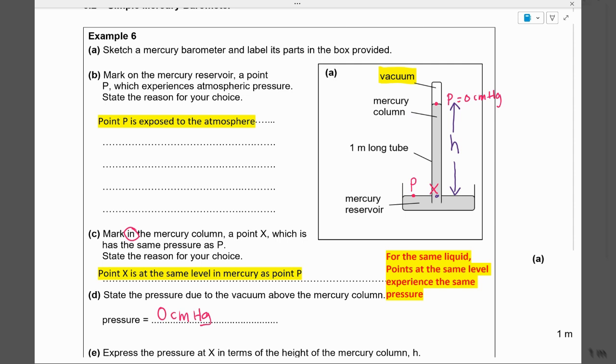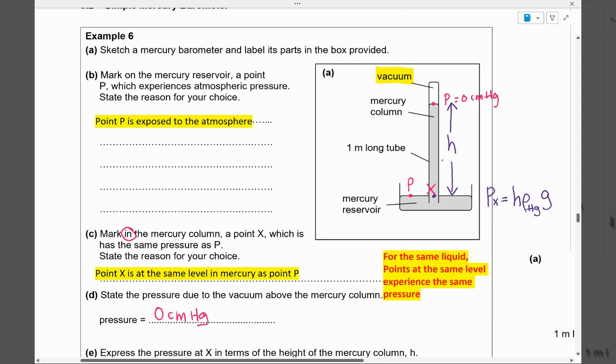If this column is H, then the pressure at point P, at point X, will be equal to H times the density of mercury times g. So in Pascal, it will be H multiplied by density multiplied by g.